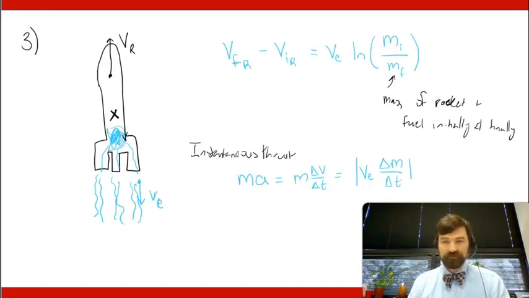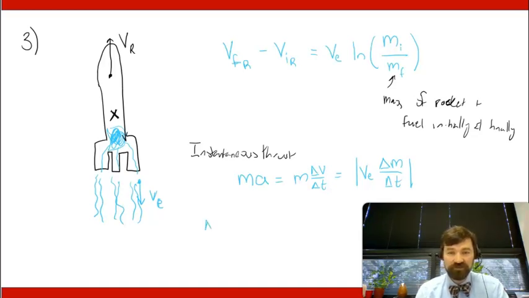And where this equation comes from is that if you count the rocket and its fuel as a closed system, then the net force on that system is zero. And that means that the rate change of momentum for the whole system must be zero.